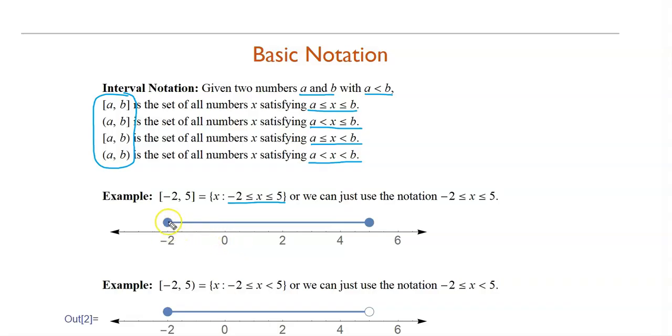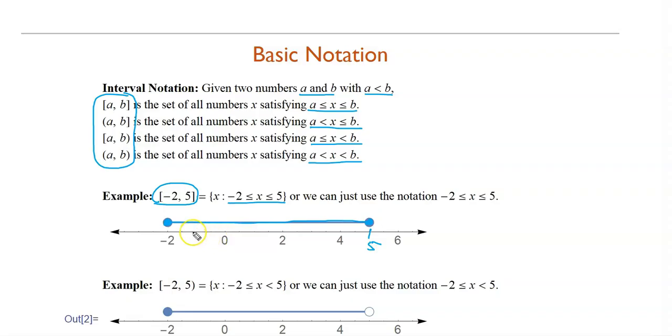We start at -2 on the left and x can equal -2, so we fill that in with a circle, and then we just draw a line like this all the way over to 5. That's 5 right there, and we fill in with a circle right there. So this notation represents all the numbers from -2 to 5, including -2 and 5.